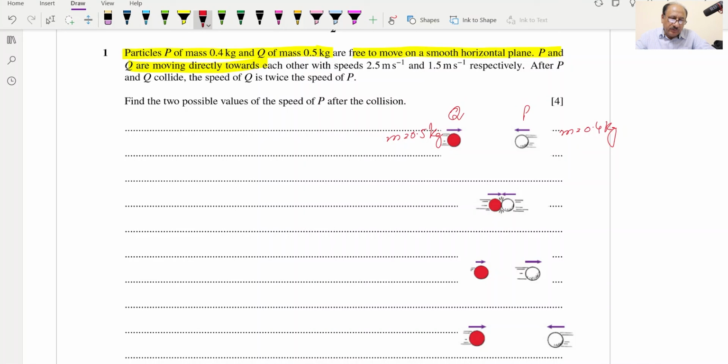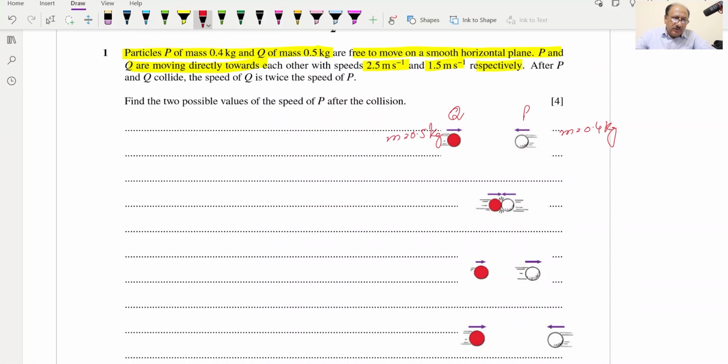P and Q are moving directly towards each other with speeds 2.5 and 1.5 respectively. So 2.5 is in case of P, and we can write V is equal to 2.5 and 1.5.